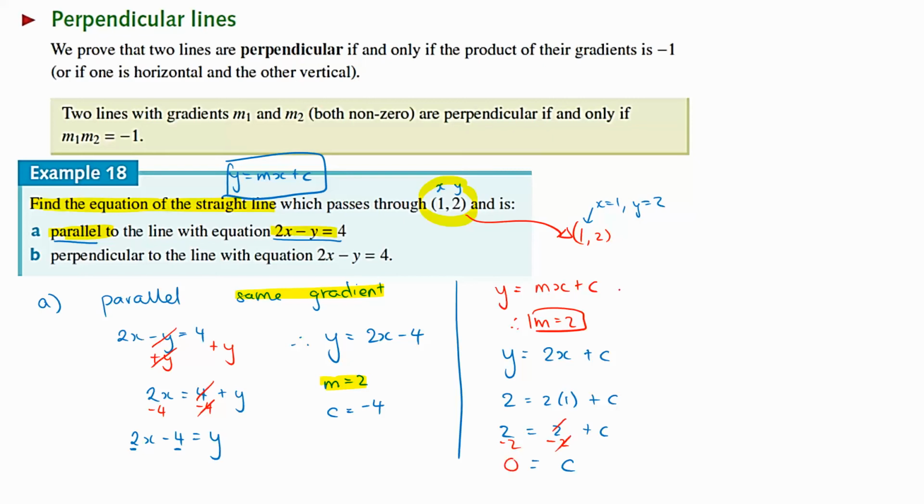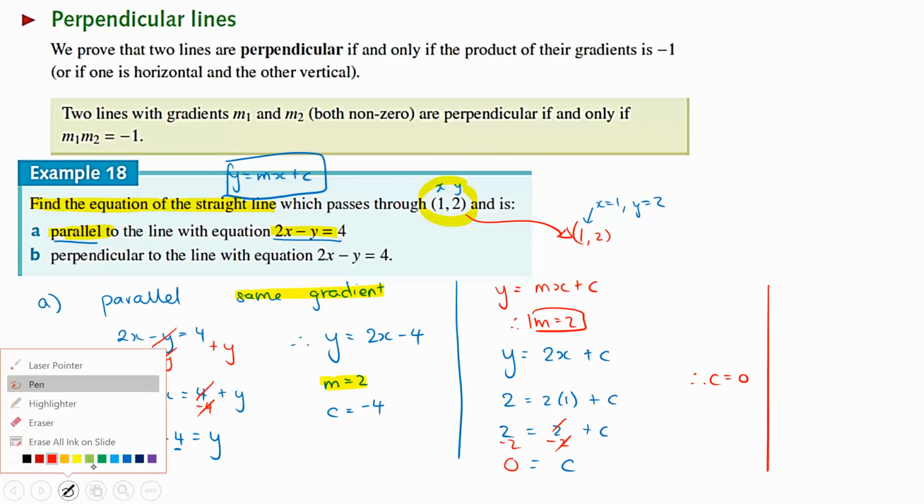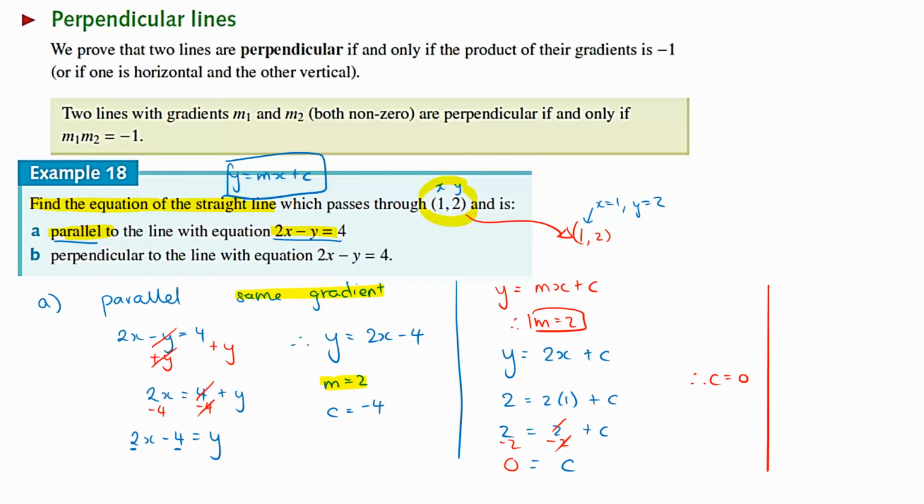So therefore you now know c is 0. So your equation for the straight line, parallel to this, is y equals, I've got my gradient 2x, and I found out c was 0. But you don't write plus 0, there's no point. You might as well just say 2x.